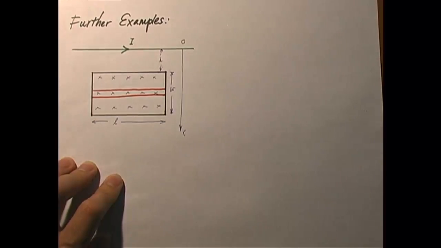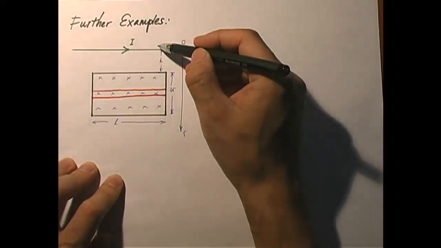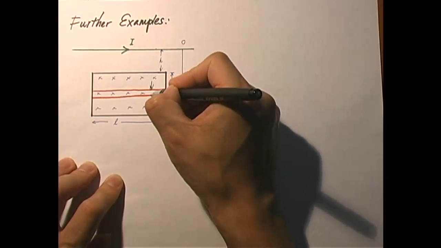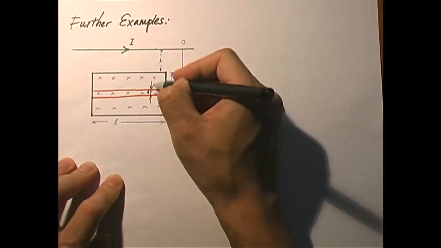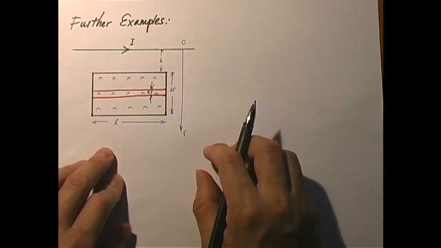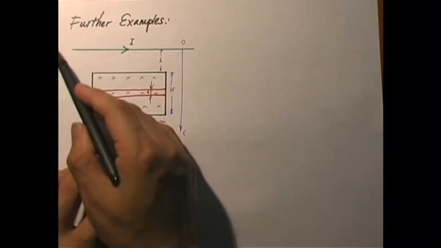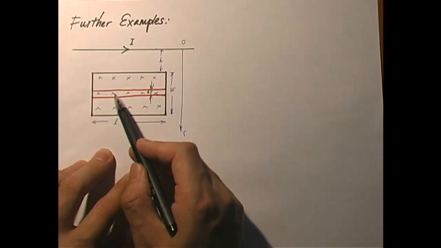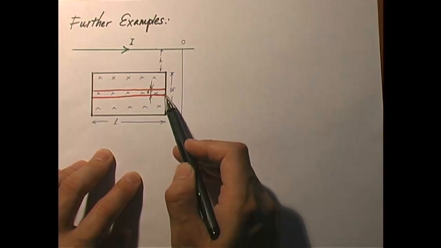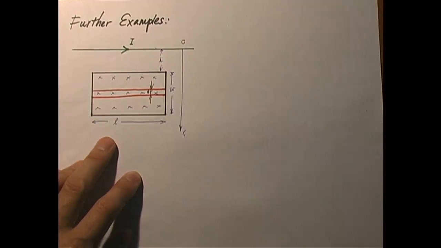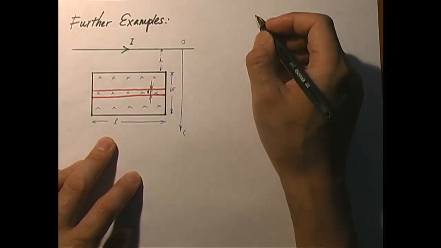This strip is between R and R plus dr. So this width is dr. This distance is R. The reason why I want to isolate this strip is because this strip is parallel to the current I, and therefore every point within this strip has the same exact magnitude of the magnetic field produced by that current. In fact, we know exactly what that magnitude is from Ampere's law.